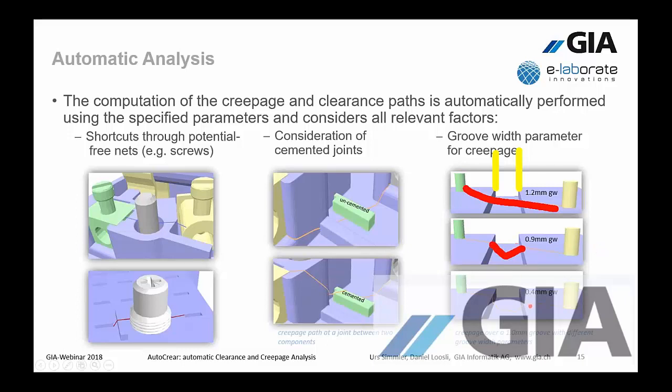And if the groove width is quite small, the path will be lengthened in that way. With this behavior, you're really able to analyze realistic paths of your creepage and clearance behavior.